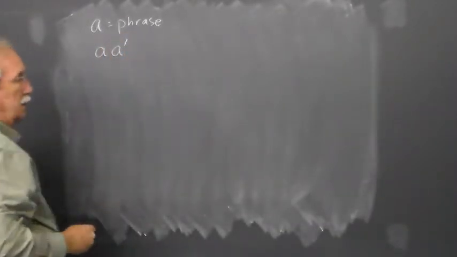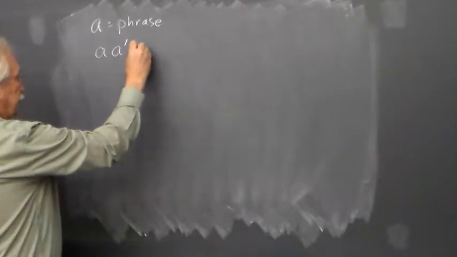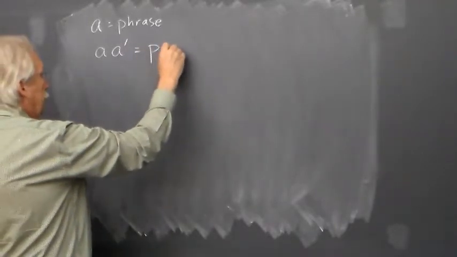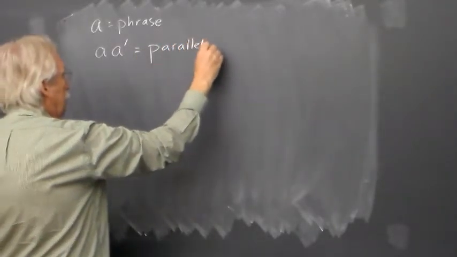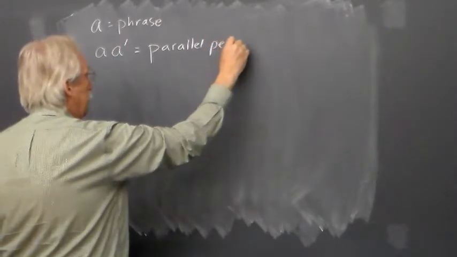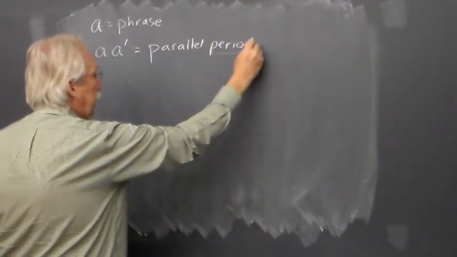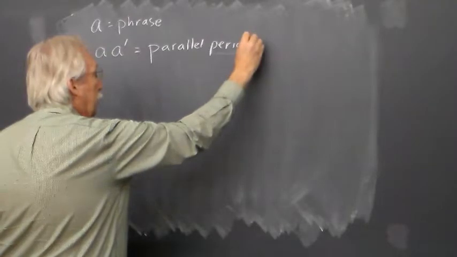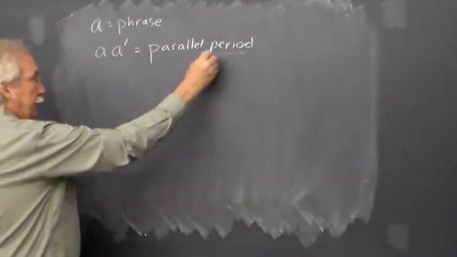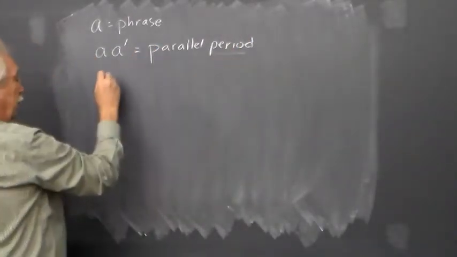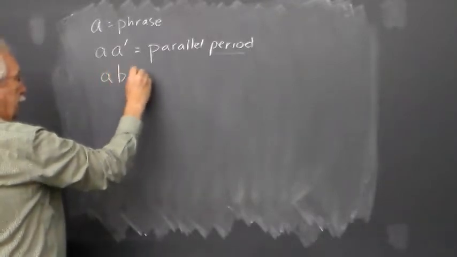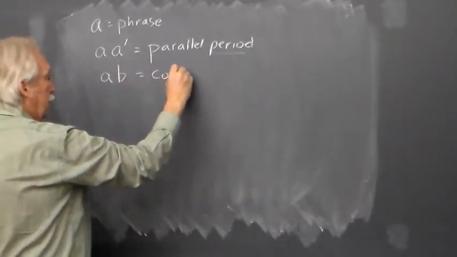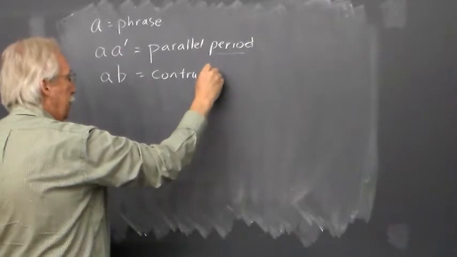So, the combination of two phrases equals a period, and then for periods they can either be parallel or contrasting.